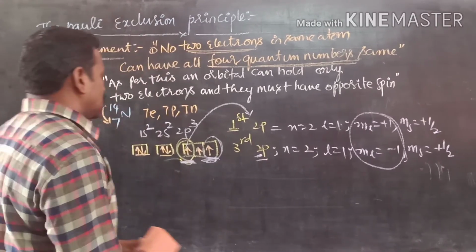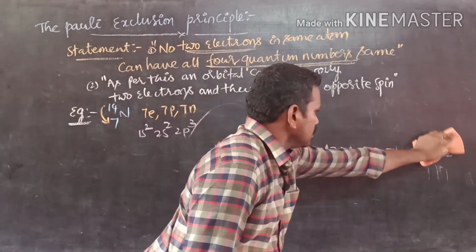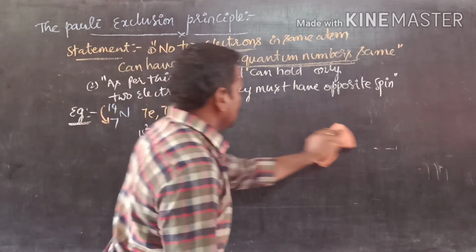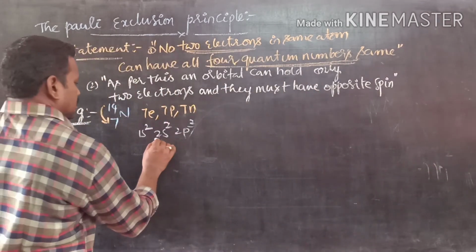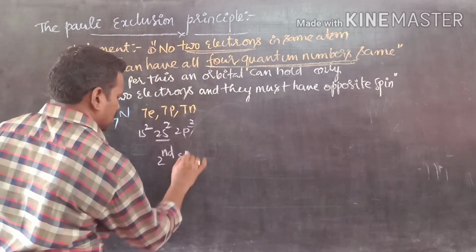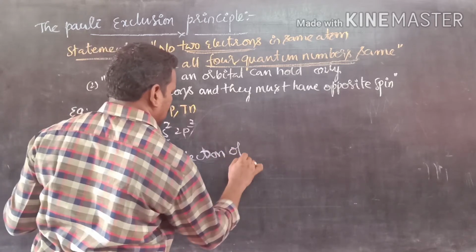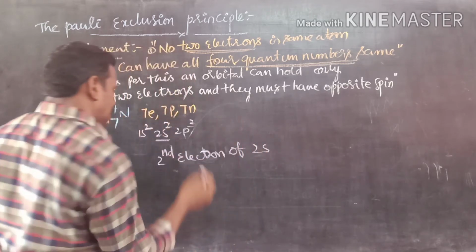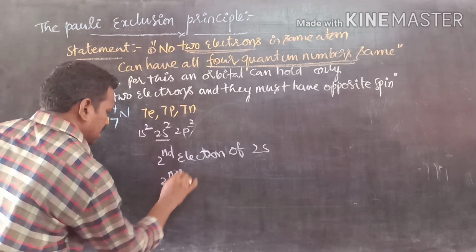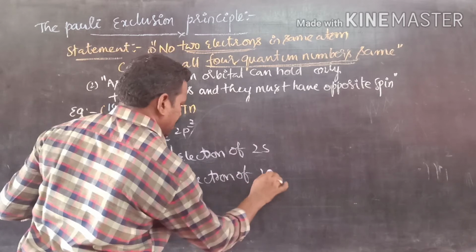Let us consider one more example regarding this. For example sake, we are going to consider the second electron of 2s and the second electron of 2p.